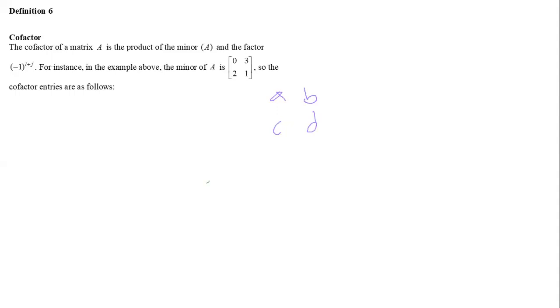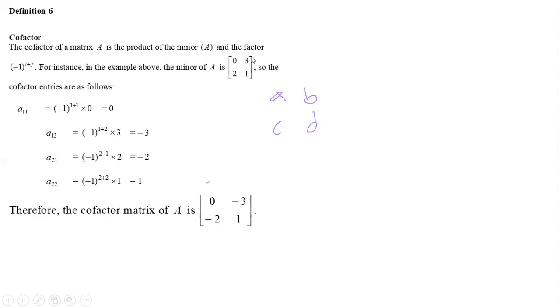The first row is AB, but the first element of that row is A. My A will be multiplied by plus. A will take plus, your B will take minus, your C will take plus, and your D will take minus. That is how to find the cofactor.